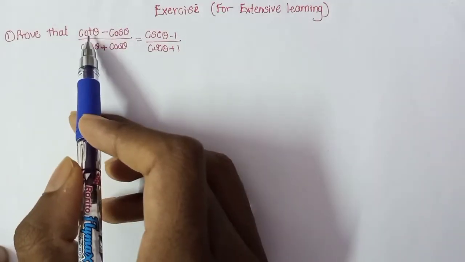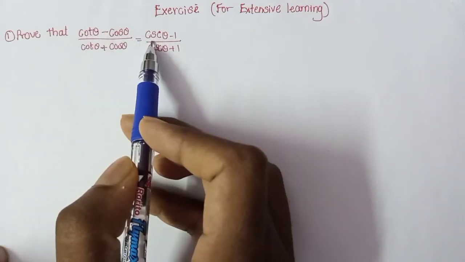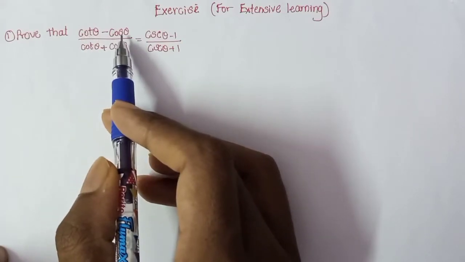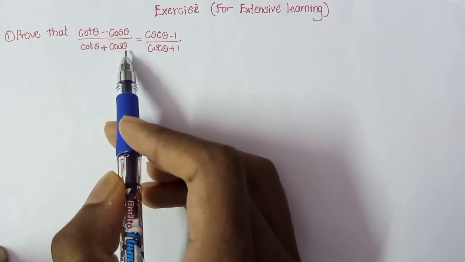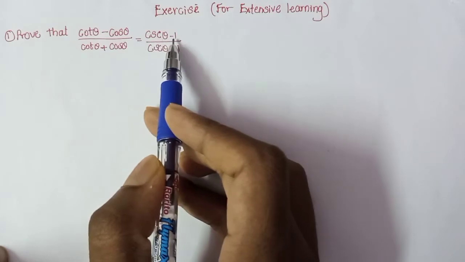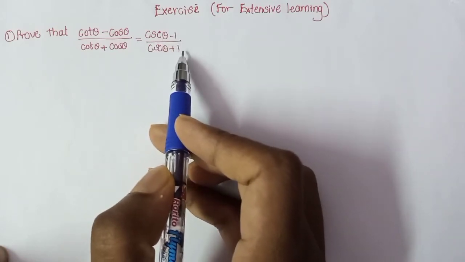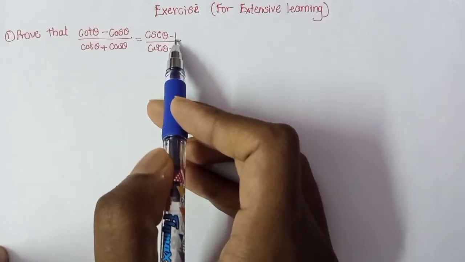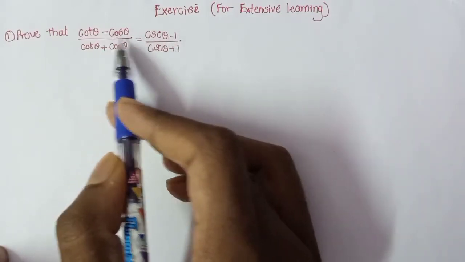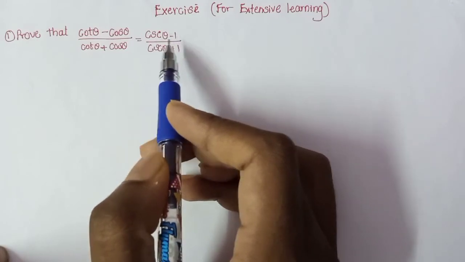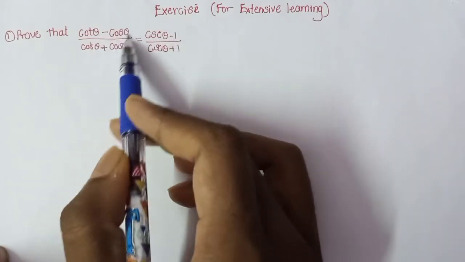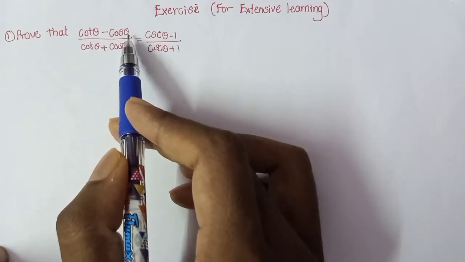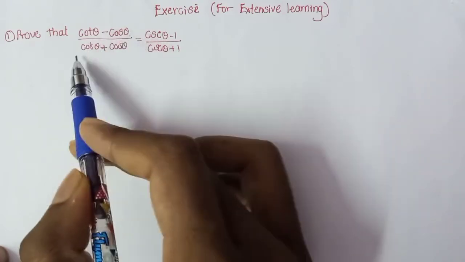If you observe these two expressions, here something minus cos theta, here something plus cos theta, here something minus 1, here something plus 1. There is some similarity. So if you want to get 1 here, I want to divide this equation with cos theta, in the numerator as well as in the denominator.